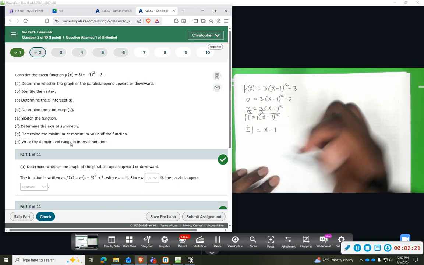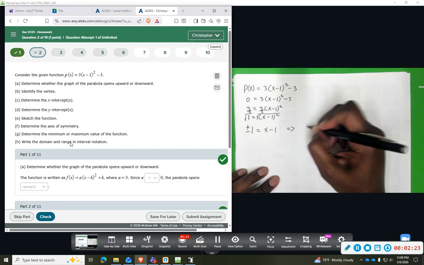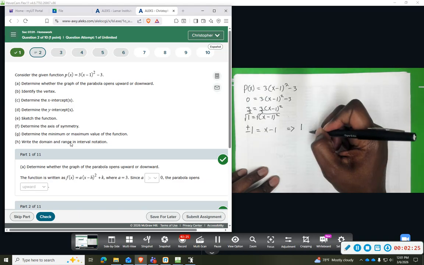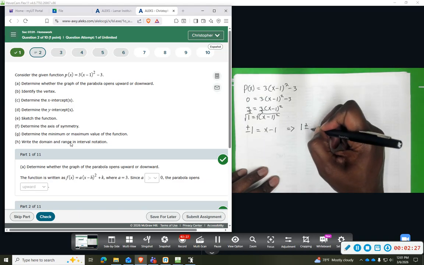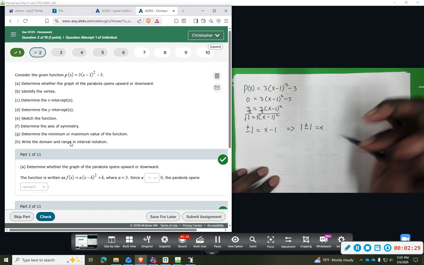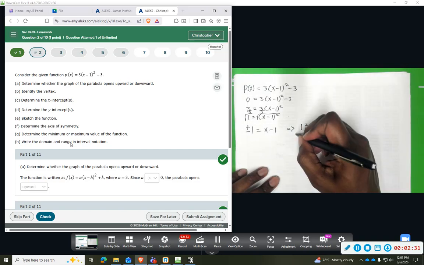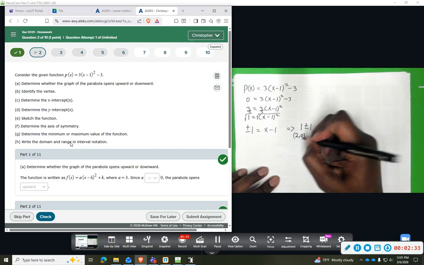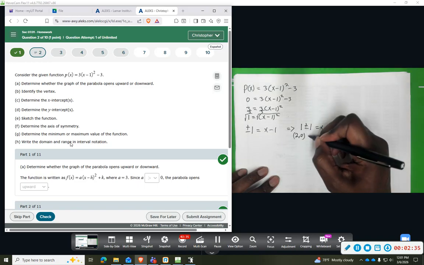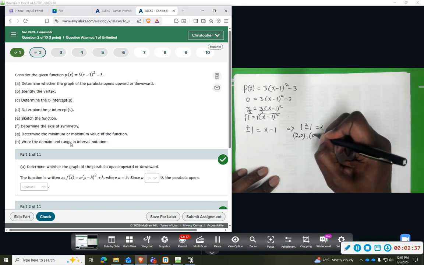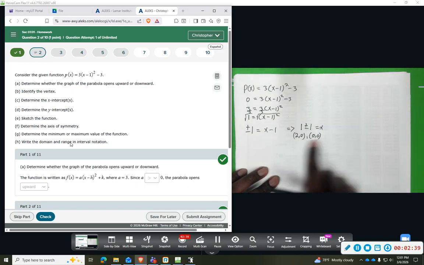And then we would add 1. So it's going to give us 1 plus or minus 1 equals x. So 1 plus 1 gives me 2, so 2, 0, and 1 minus 1 gives me 0. So my x-intercepts are 2, 0, and 0, 0.